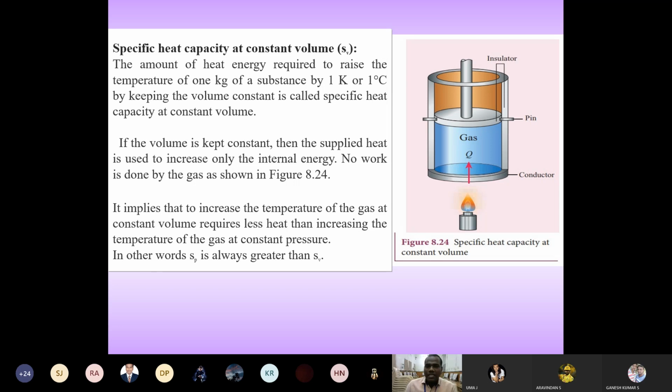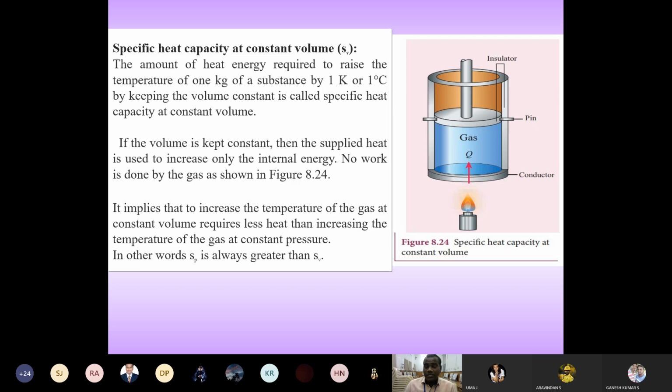So we have the specific heat capacity at constant volume: the amount of heat energy required to raise the temperature of 1 kg of substance by 1 Kelvin by keeping the volume constant. This process is called specific heat capacity at constant volume, Cv.